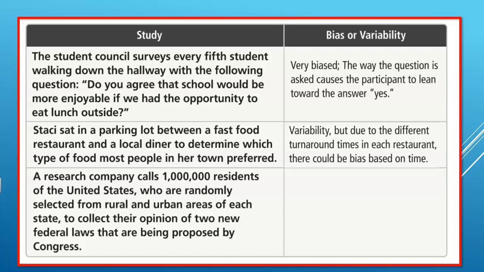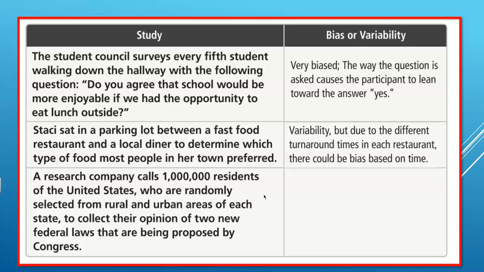The last situation: a research company calls 1 million residents of the United States who are randomly selected from rural and urban areas of each state to collect their opinion of two new federal laws that are being proposed by Congress. So 1 million residents of the U.S. are called.